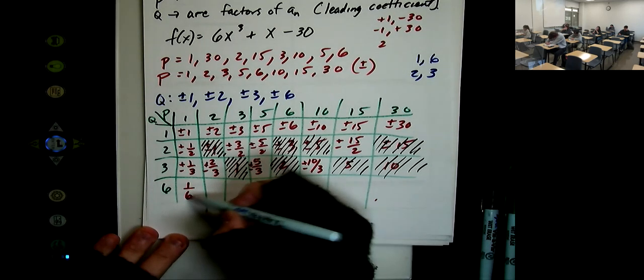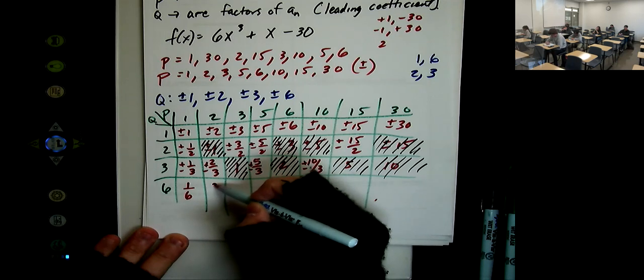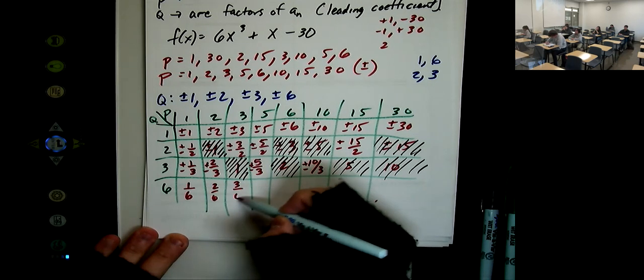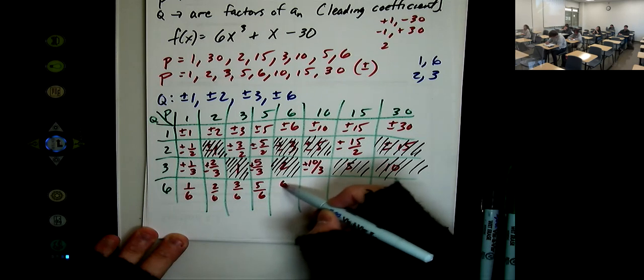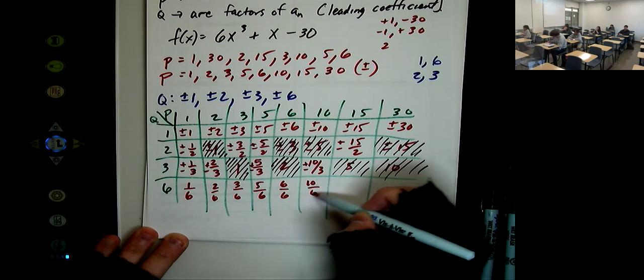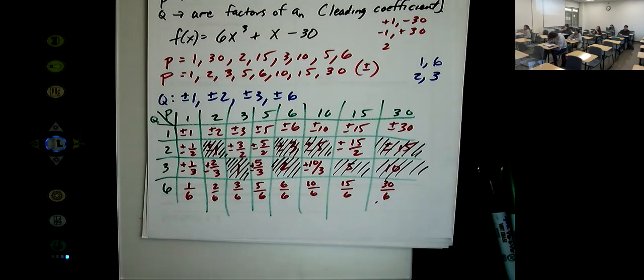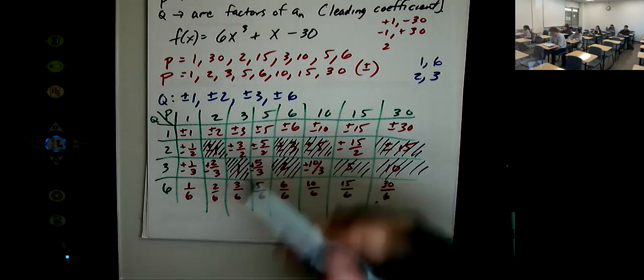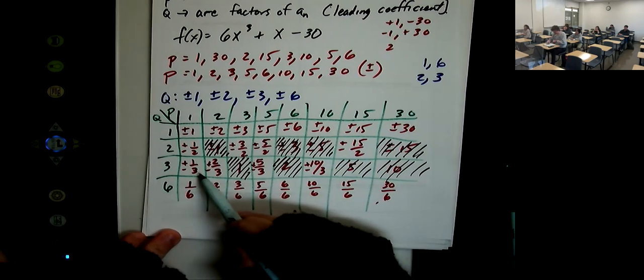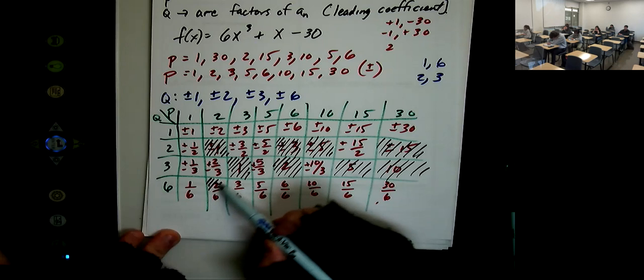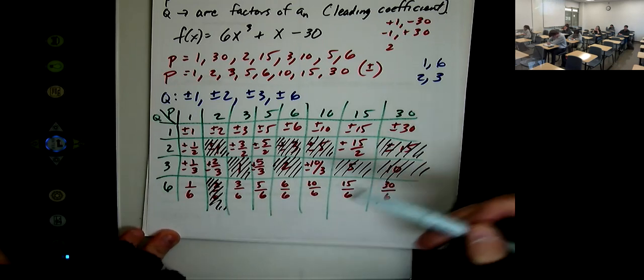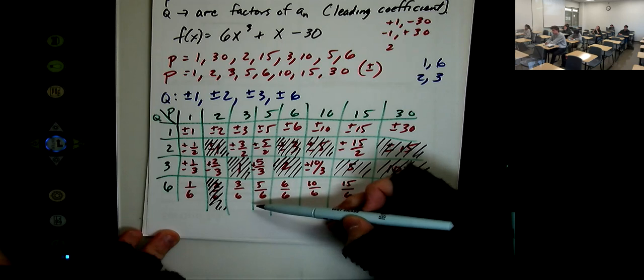Maybe I'll throw in the plus or minuses now. If I do it here, divide by the bottom row, divide by 6. And then I'm going to look to see if any of these show up somewhere else. 2 over 6 reduces to 1/3, so I don't need it because it's already on my list. 3 over 6 is 1/2, which is also on my list.